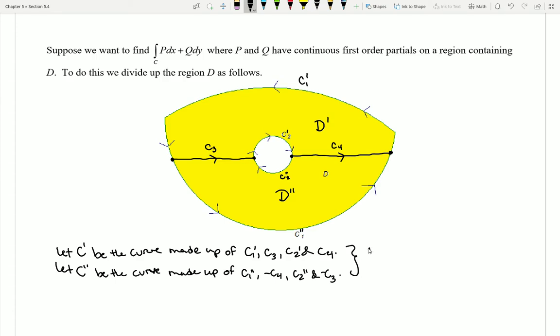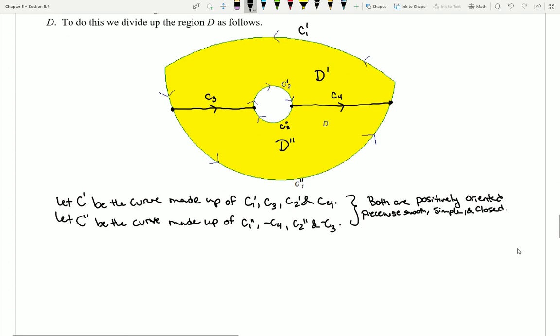I can see here that both of these are positively oriented, piecewise smooth, simple, and closed. Both of these individual pieces are.